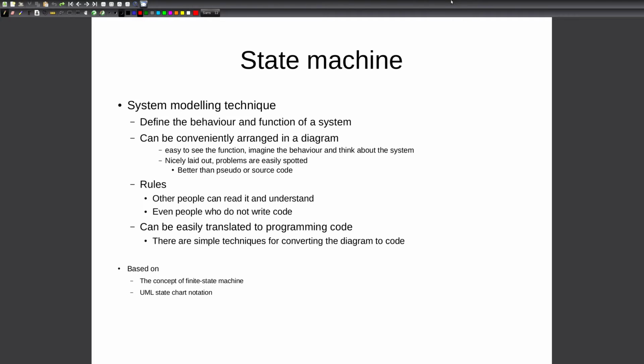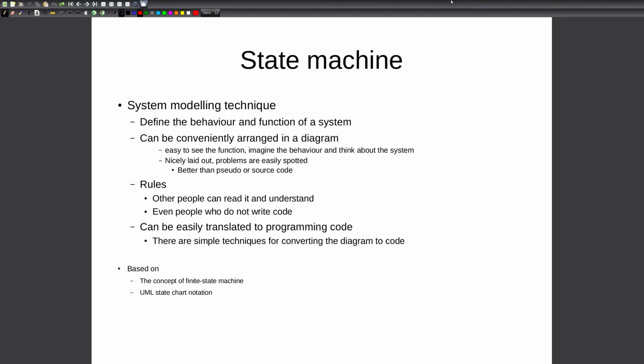Well, it is a system modeling technique. We can define the behavior and function of a system. The advantage of this approach is that it can be very conveniently arranged in a diagram, right? And whatever is in a diagram, it's very easy to see the function.